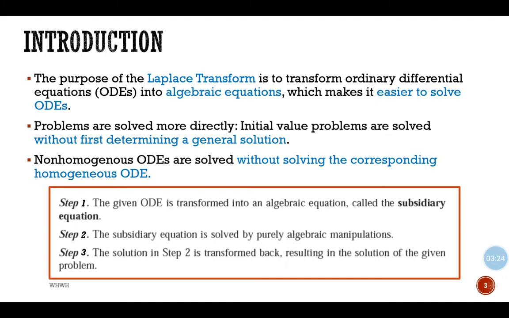Ingat dalam chapter 2 kan kita dah belajar berapa method dah to solve the ordinary differential equation. For first order differential equation, we have 3 methods, right? We have separable equation method, we have integrating factor method, and we have exact equation technique, right? For first order.